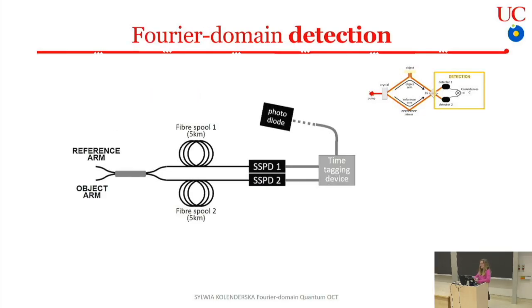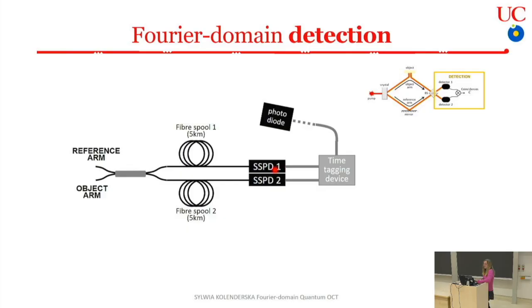The visibility is maximum. For the Fourier-domain detection, as a dispersive element, we use a fiber spool in each channel for each photon, and a single-pixel detector to detect the photons.